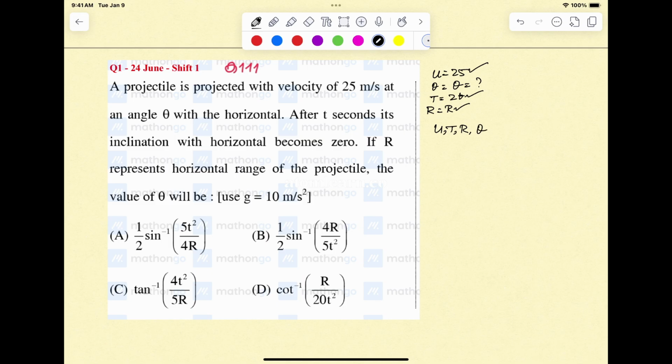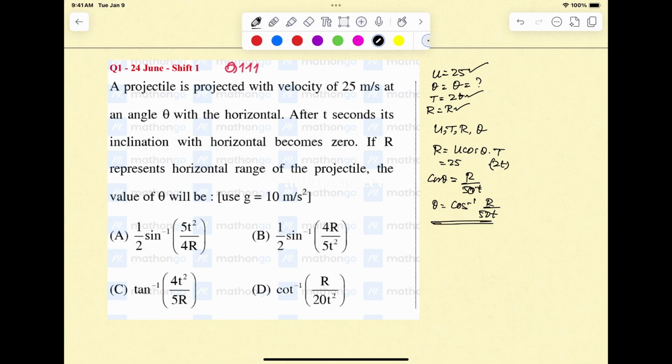Obviously this is a very fundamental formula: range is given by U cos theta into time of flight. In this case, cos theta is unknown, whereas U is 25, and T we should put as 2t. Therefore, cos theta equals R by 50t, or theta is cos inverse of R by 50t.